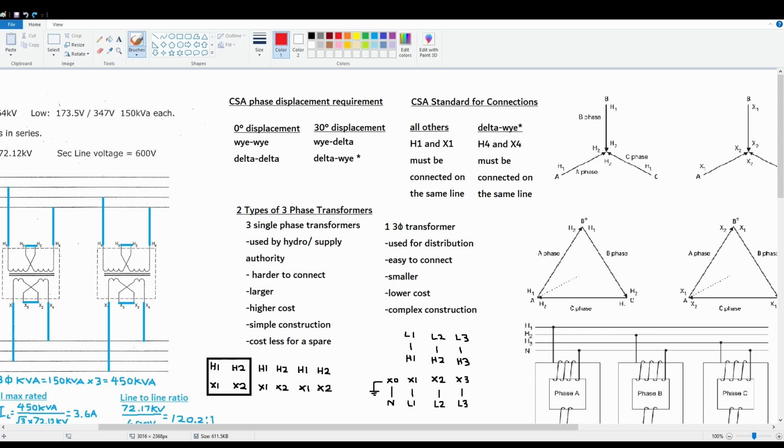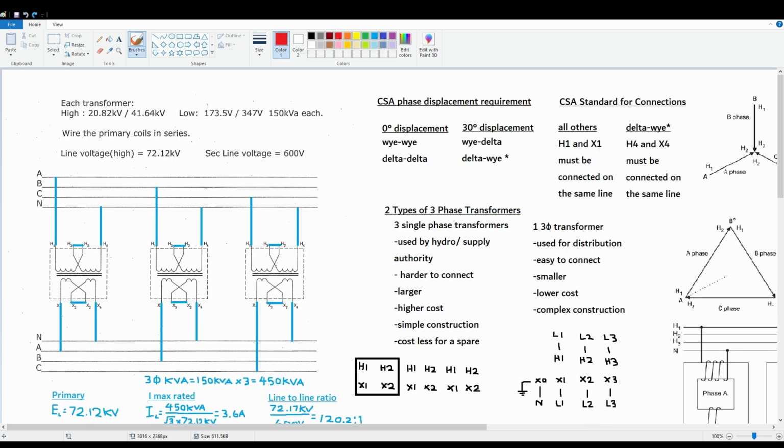All right, so now I'm gonna go over some simple transformer calculation questions. So here we got a line voltage of 72 kilovolts, and we need a secondary line voltage of 600 volts. All right, so we can't do a delta connection because in a delta, line and phase voltage are the same.